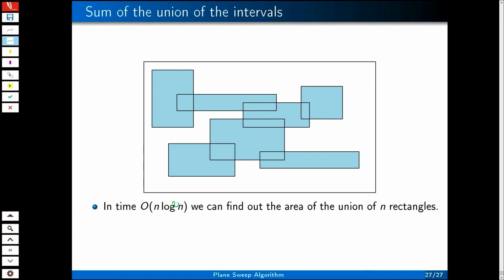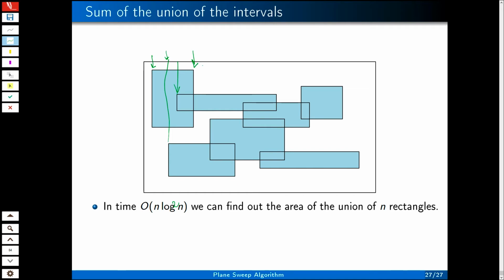Why n log square n? Insertion, log square n. When I have a left endpoint, what will I do? Insert one interval into my data structure. How much time? Log square n. Insertion, how much time? Log square n.